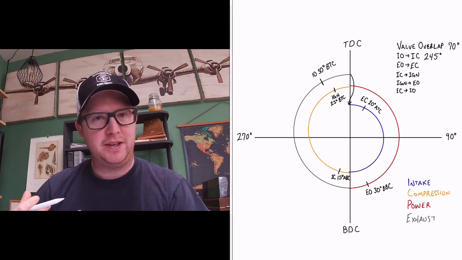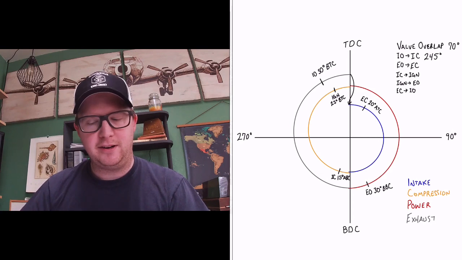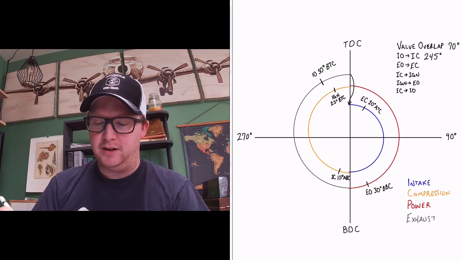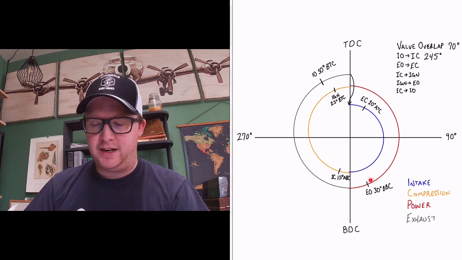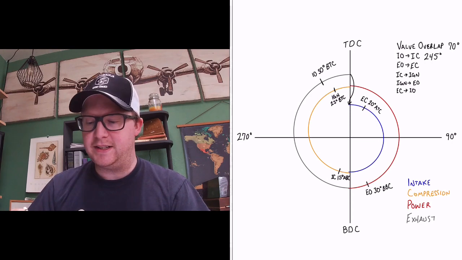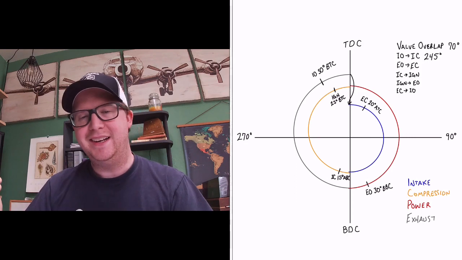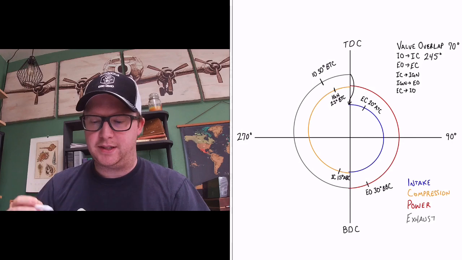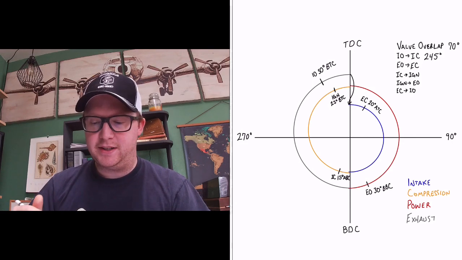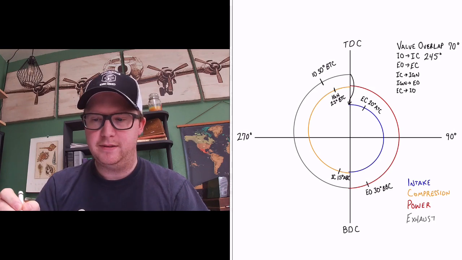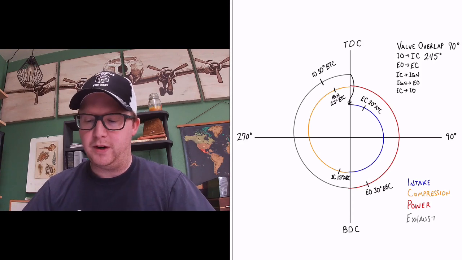So again, the math for this is relatively simple. We know that our entire exhaust stroke is 180 degrees. And since we have a closing and opening event that is 20 degrees into and 30 degrees into the intake and power strokes, we can add those numbers to 180 to figure out what our math is on this one as well. So we take 180 degrees for the entirety of the exhaust stroke, and add 20 degrees because that's how far it goes into our intake stroke before it closes.